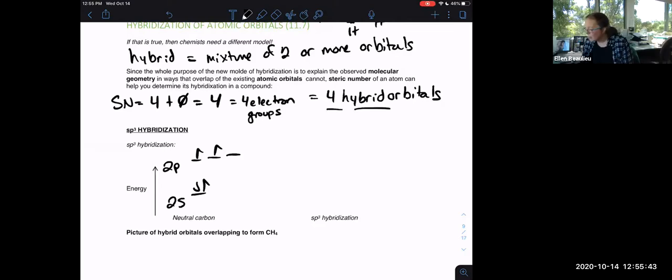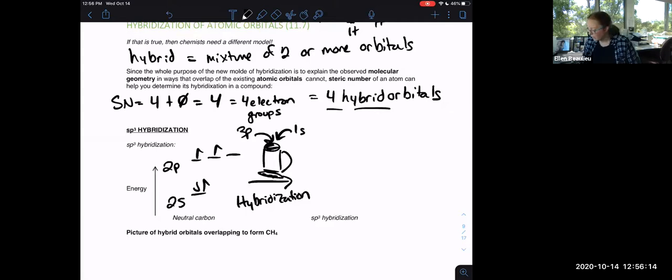If I need 4 hybrid orbitals, I've got to mix all those atomic orbitals to make my new hybrid orbitals. So in this process known as hybridization, I'd like you to think about those 4 orbitals like a blender. I want to feel festive today. So here's my blender. I'm going to throw in 3 times 2p, so all of those 2p orbitals, and 1 times 2s, so that 2s orbital.